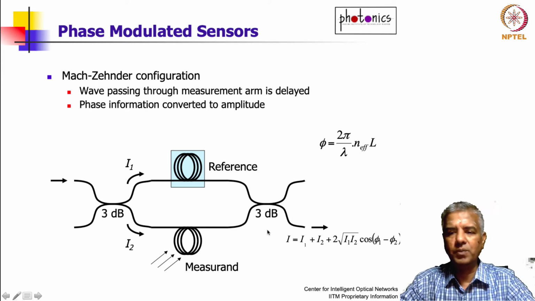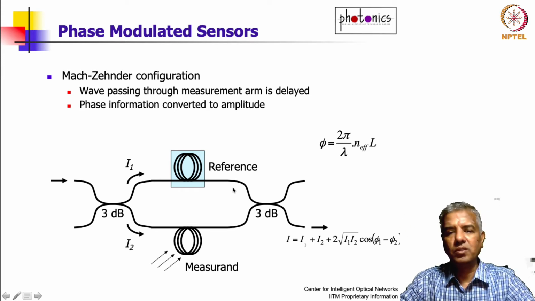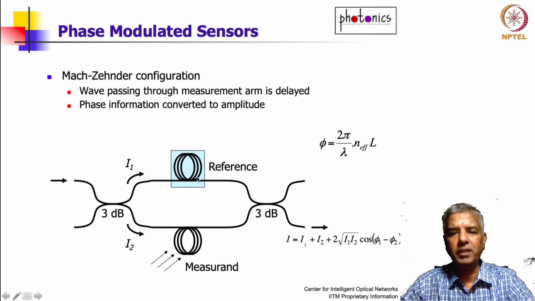Let's say we are interested in the phase that you want to measure. The output intensity is going to fluctuate, but you don't know whether it's fluctuating because of what you want to measure or because of what's happening in the other arm. So suppose you keep this other arm in a controlled environment, which we call a reference environment.